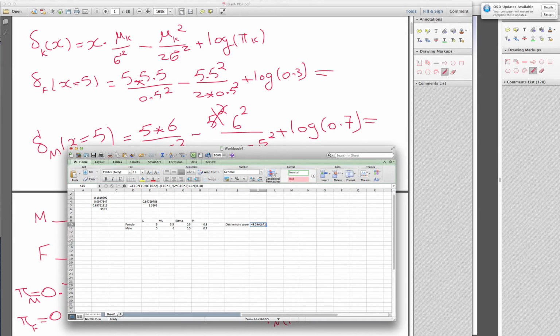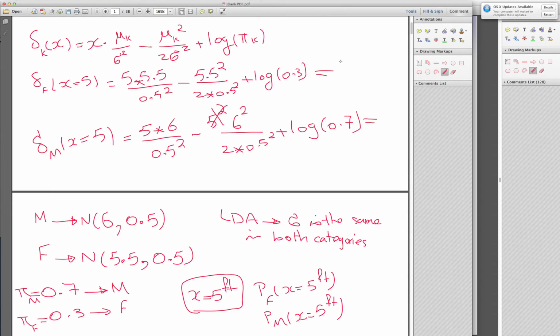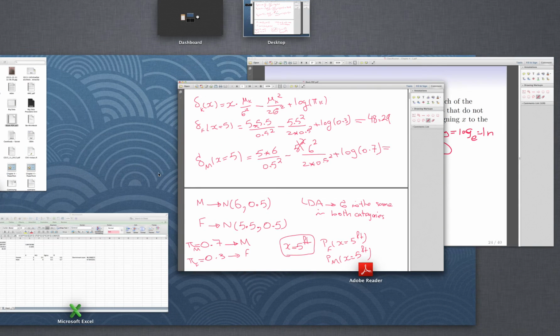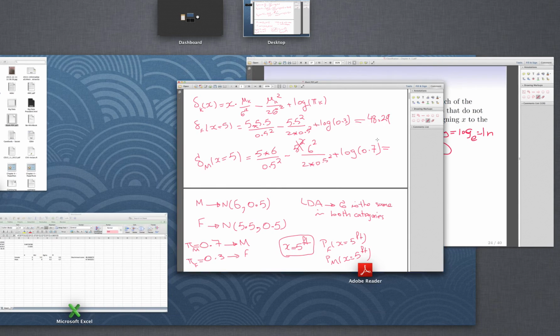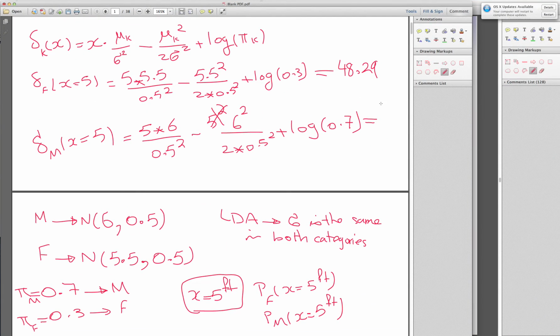For females, the discriminant is 48.29. For males, that was equal to 47.64.